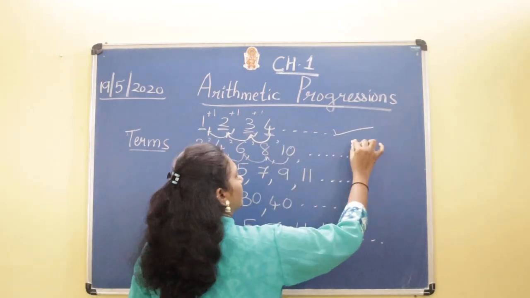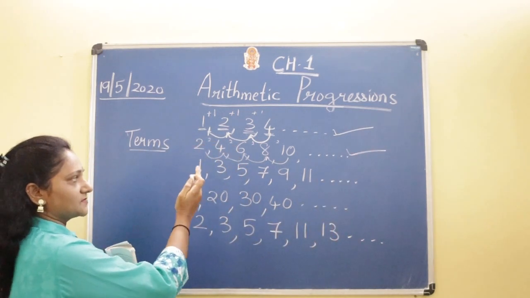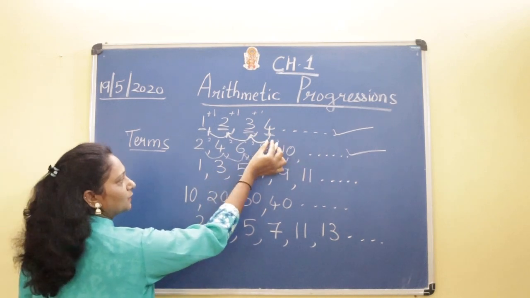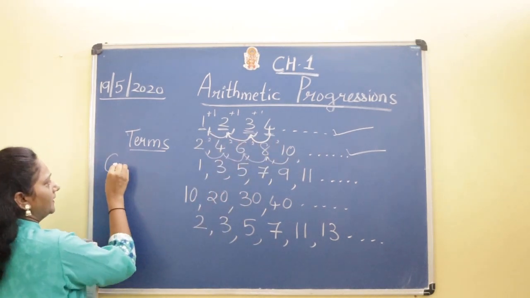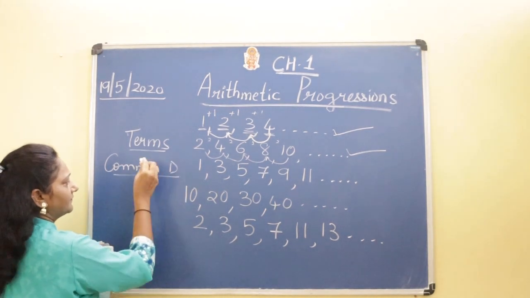So this is an AP, this is an AP. If the difference is a constant, this 2 is called a common difference.